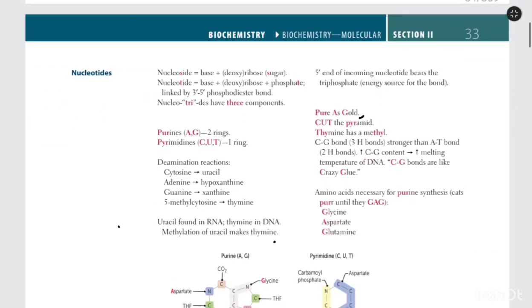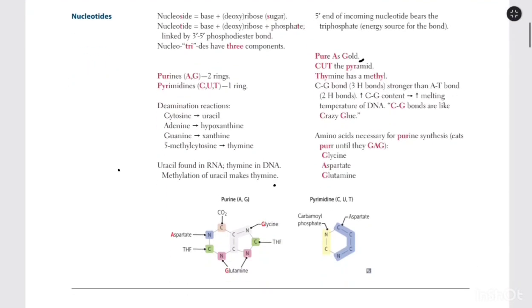So what is a nucleotide? There are two types of bases that are present in nucleotides. What are bases? Bases are either purines or pyrimidines, and they may have a double ring structure like this or a single ring structure like this.